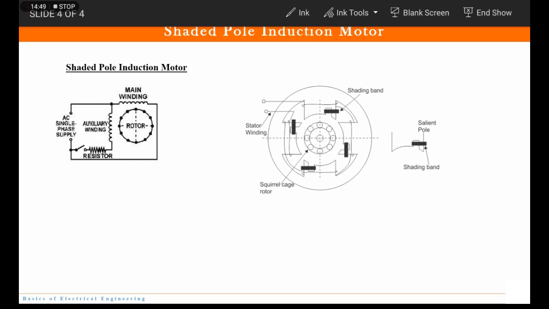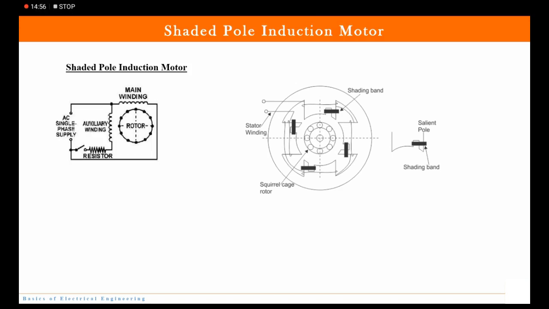And let me tell you that these motors were invented in the beginning, and the invention of this motor is more than 120 years old. Somewhere around 1890 these motors were invented, and these are quite popular, but then the problem is they have very high losses, and because of high losses the power factor is less and efficiency also becomes less.